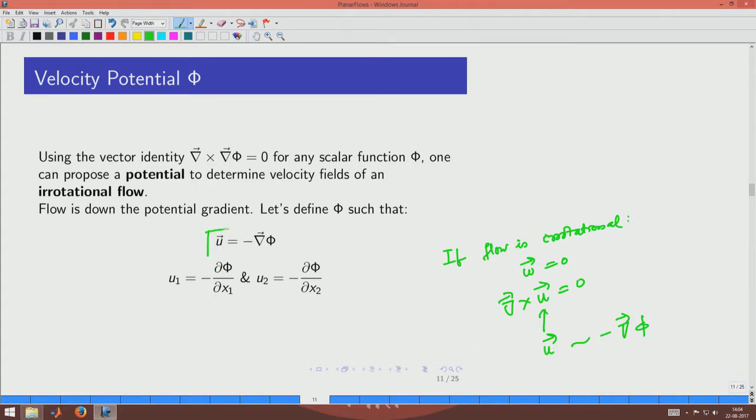That is because generally it is felt that a potential is one whose gradient leads to the flow. So, the flow takes place down the potential gradient. It is true for many other phenomena as well. For example, heat flows down the temperature gradient, and so on. In that similar way, we put that minus sign there.